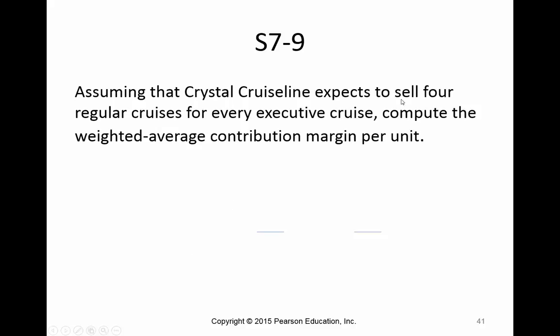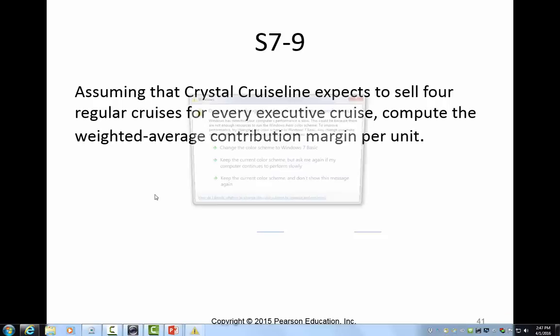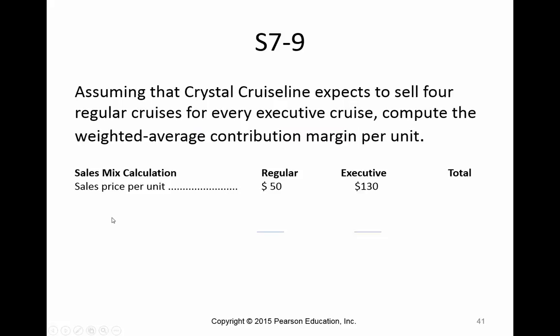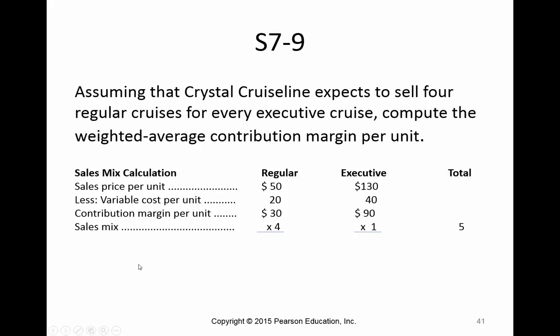We're going to expect here that they're going to sell 4 of the regular cruises for every 1 executive cruise. Now we can compute our weighted average contribution margin. Okay, so we know the sales price, we know our variable costs. We can calculate our contribution margin. We already knew our regular was $30, but now we can calculate our executive at $90. And our sales mix, 4 regular for every 1 executive.